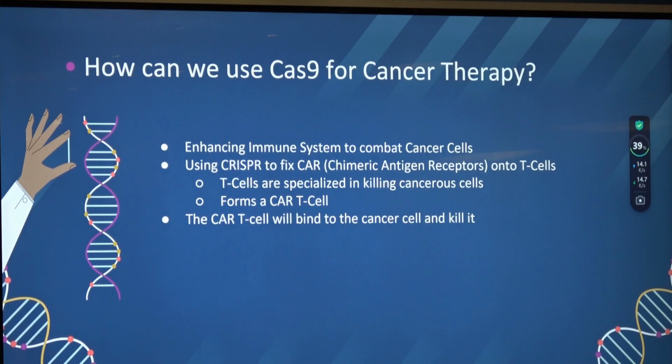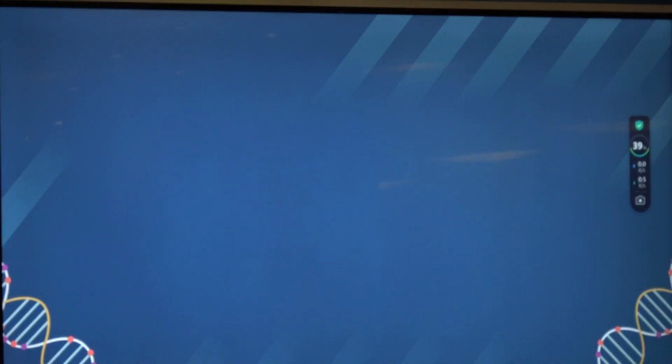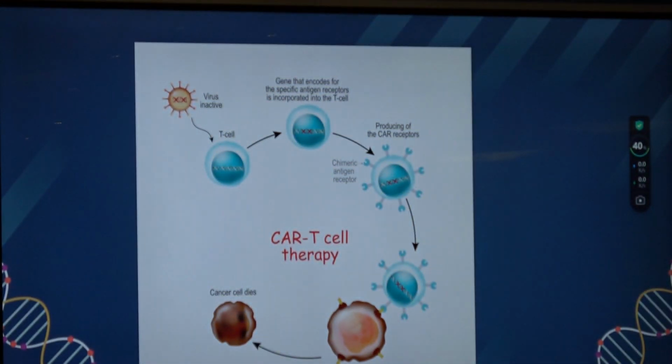Basically, they attached a CAR, which is called a chimeric antigen receptor, onto T cells to make it more efficient, making it a super white blood cell that's able to kill cancers much faster and efficiently. So basically, a CAR T cell kills a cancer cell by binding to the specific cell and killing it overall, because usually cancers are cells that cannot die.